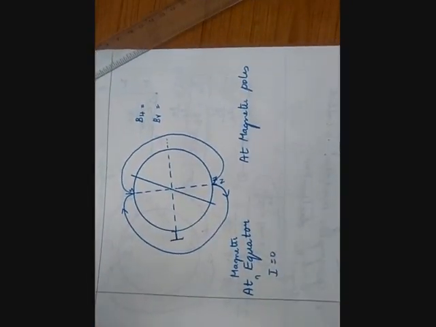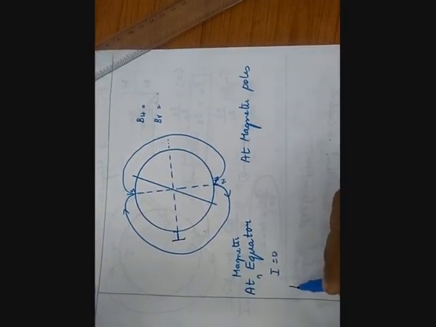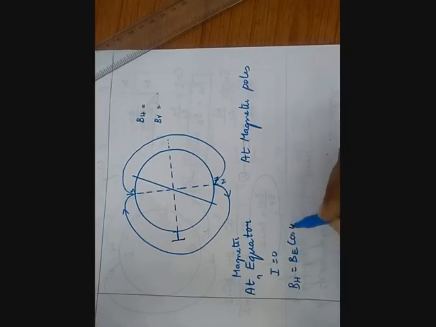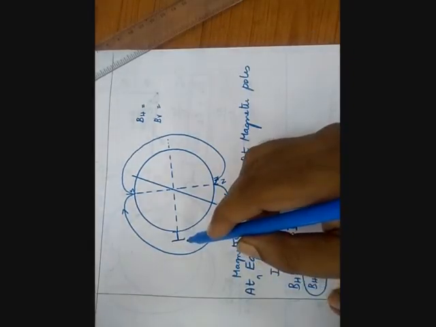In this case the horizontal component BH equals BE cos I, and cos 0 becomes 1. The horizontal component of the magnetic field is maximum at the equator.